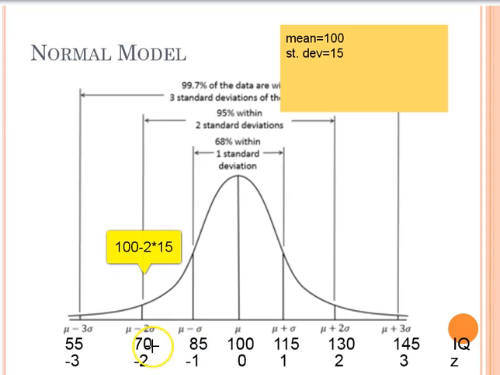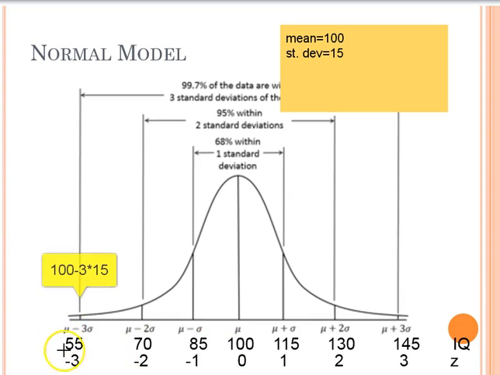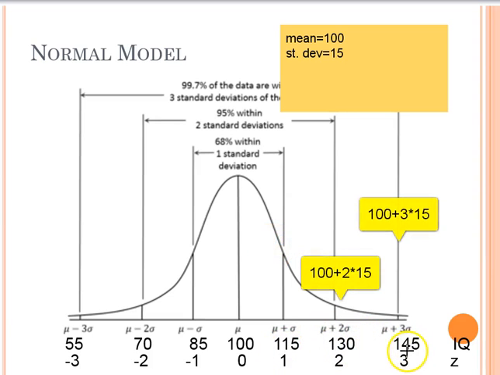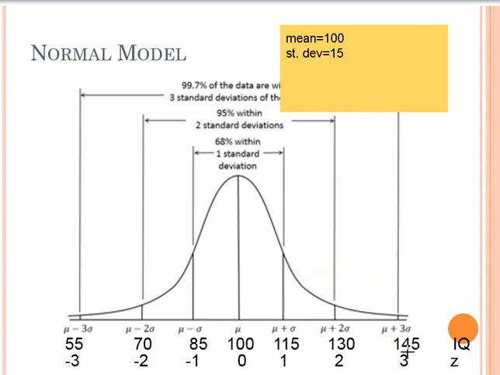And then again, we subtracted 15 from 85, so we subtracted 2 standard deviations to get 70, and then again for 55, we subtracted 3 standard deviations, so 15 three times to get 55. The same thing is true to get the numbers above. We've added 15 to each of these. So to get 145, we've added the standard deviation 3 times to 100.